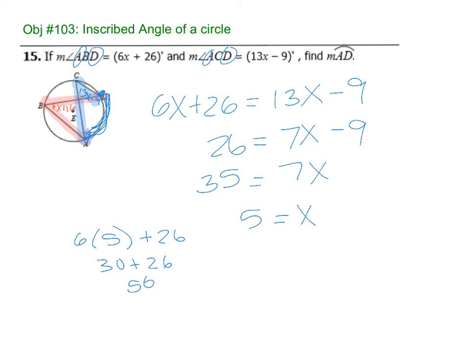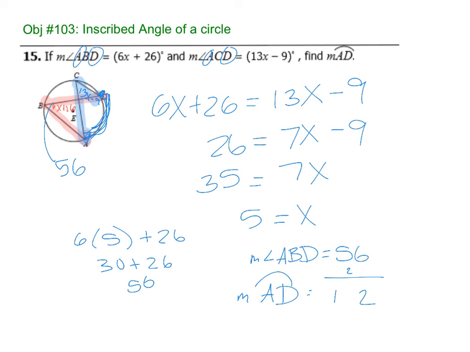So that means this angle B is 56. If the angle is 56, what's the arc? If the measure of ABD is 56, the arc is times 2. So times 2, 12, carry the 1, 112. And that's your final answer.